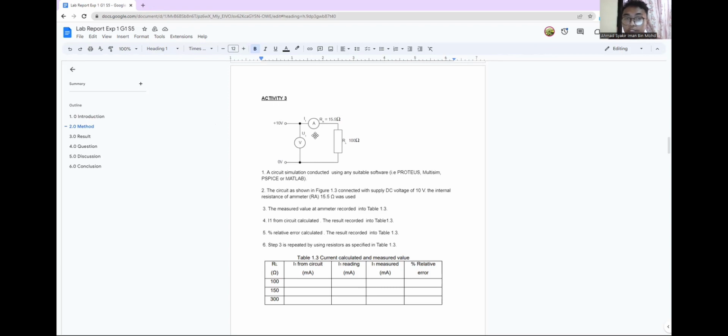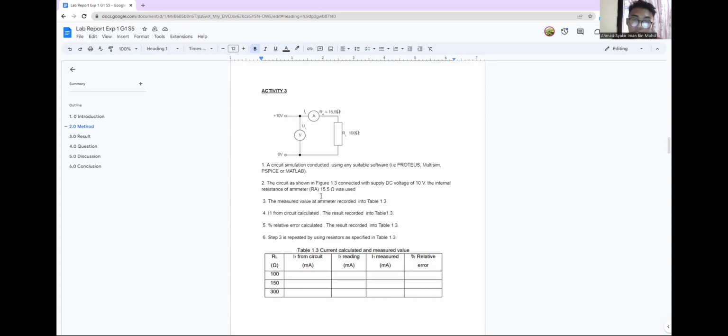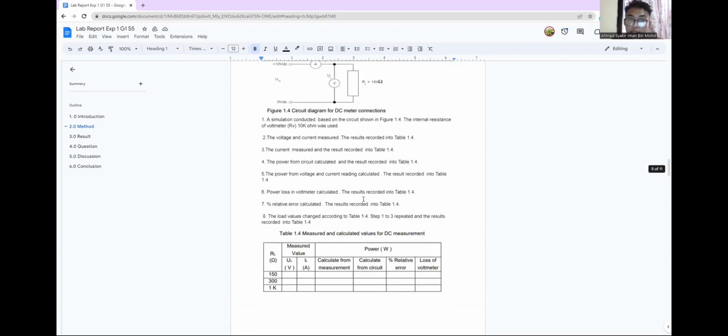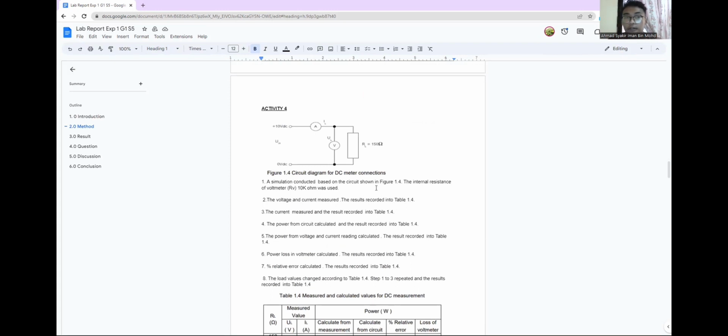Next, we need to measure the ammeter reading and record it in table 1.3. Then we need to record I1 for the circuit. Calculate the result and record it in table 1.3. The percentage relative error is calculated and the result recorded in table 1.3. And step 3 is repeated using resistors as specified in table 1.3. This is table 1.3.